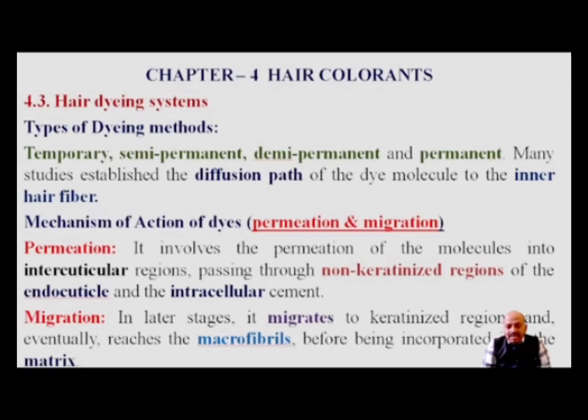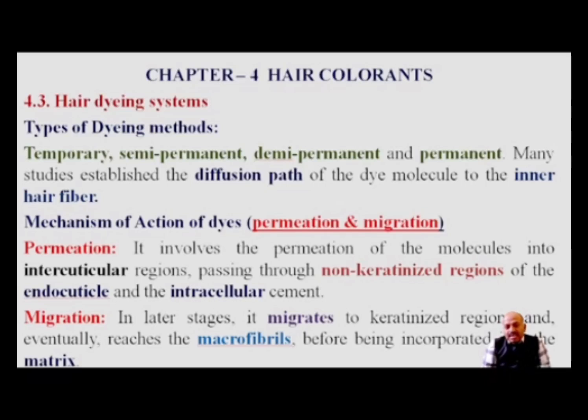And inside, if you go deeper into the hair strand, there will be protein regions called keratinized regions. So the application of color can be done first on the non-keratinized surface of the hair follicle, and slowly it migrates into the microfibrils. That is the meaning of migration.